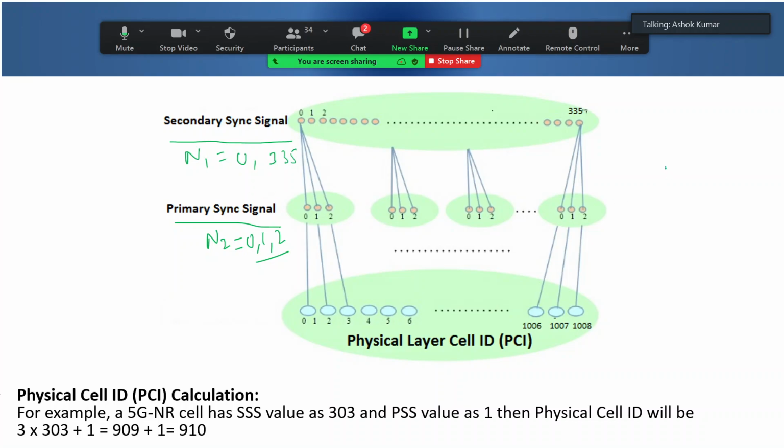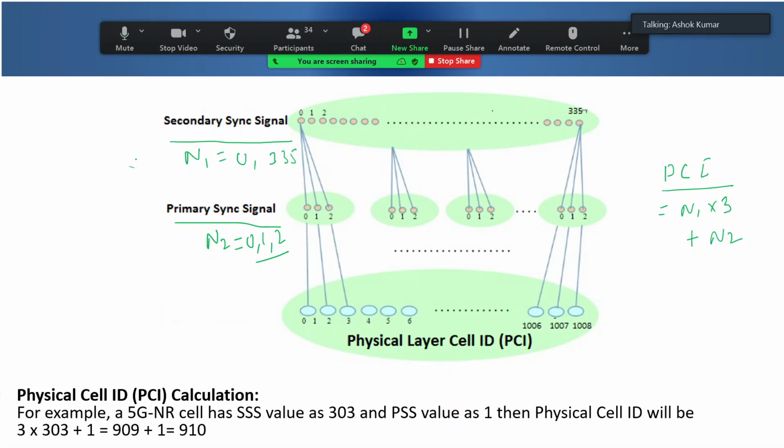How do you calculate the physical cell ID? You multiply N1 by 3 and add N2. This is how your device will calculate the physical cell ID, and it will know in which cell ID it is. It will be used in subsequent signaling. Let's take an example.